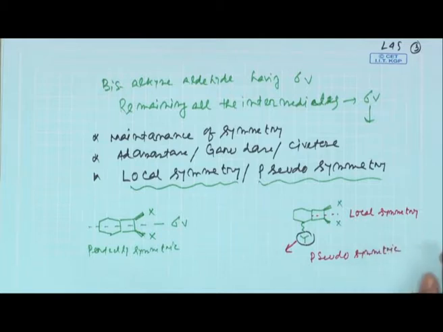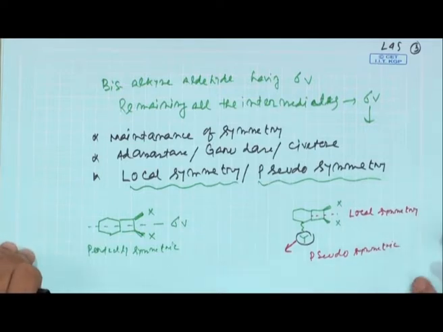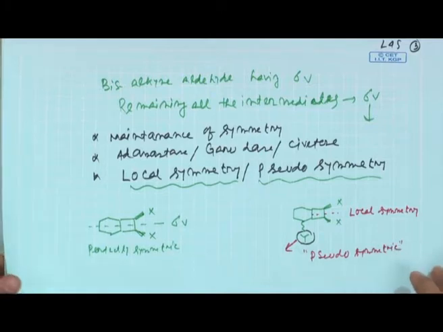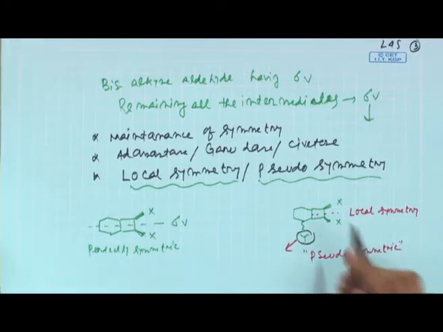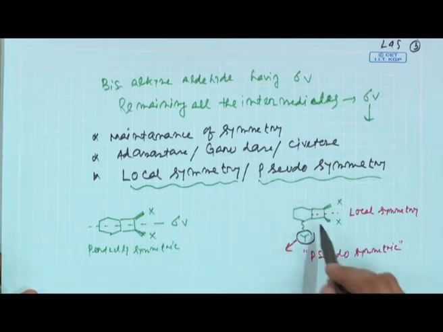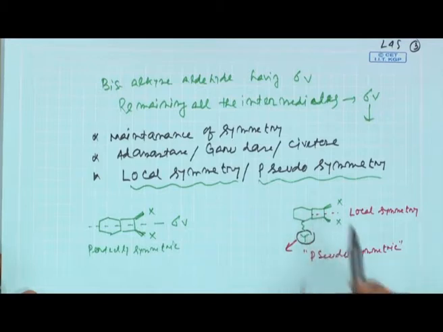Now, sometimes there are many natural products which you will find belong to this class, the pseudo symmetrical class, and for such a pseudo symmetrical molecule it is always advisable to disconnect it to a local symmetrical molecule.